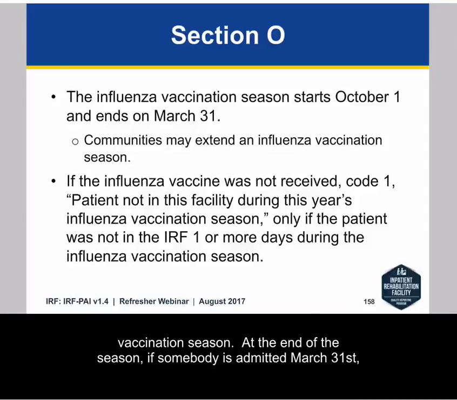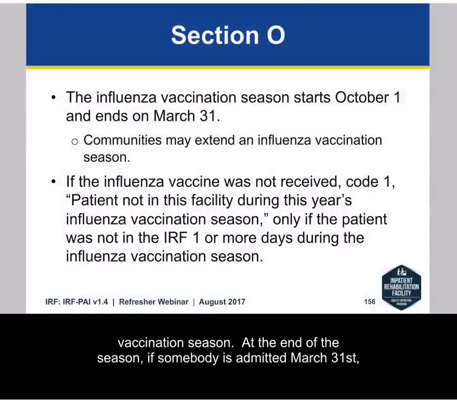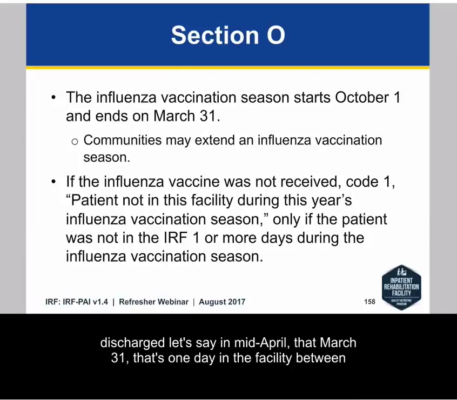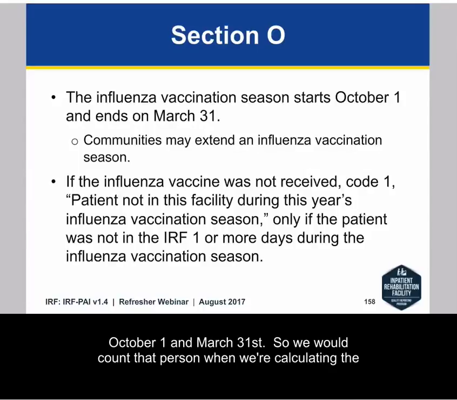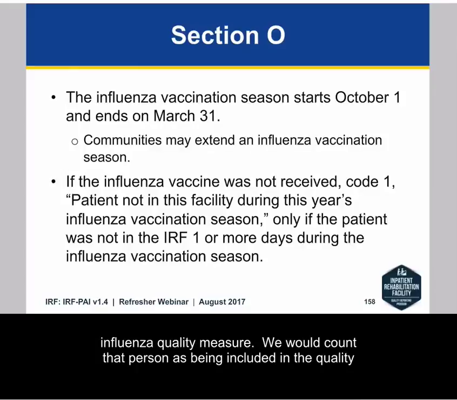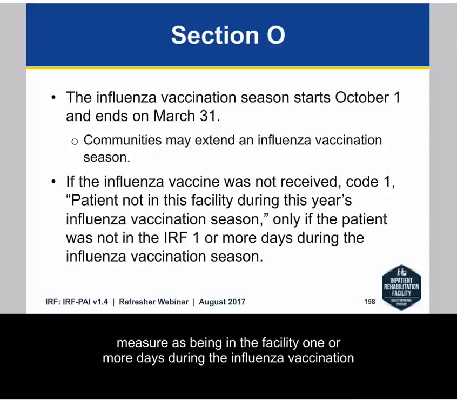At the end of the season, if somebody is admitted March 31st and discharged, let's say in mid-April, again, that March 31st, that's 1 day in the facility between October 1 and March 31st. So we would count that person when we're calculating the influenza quality measure. We would count that person as being included in the quality measure as being in the facility 1 or more days during the influenza vaccination season.